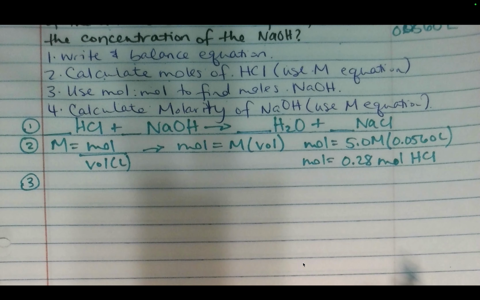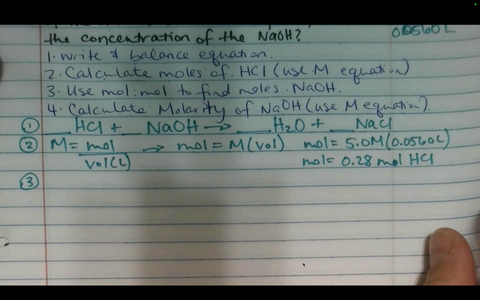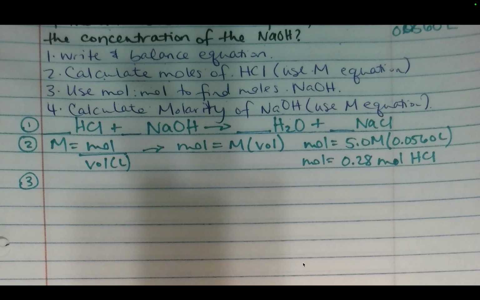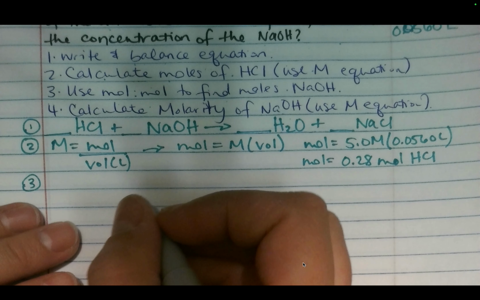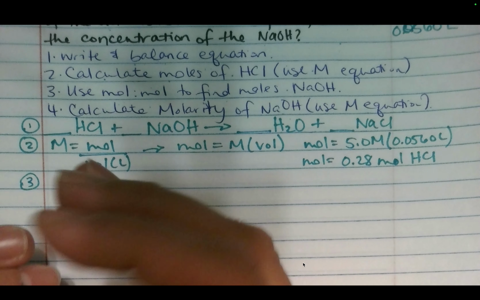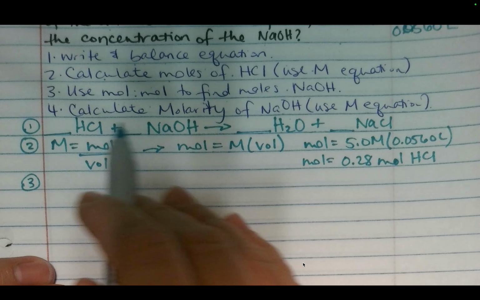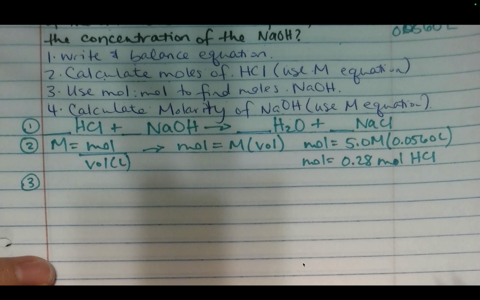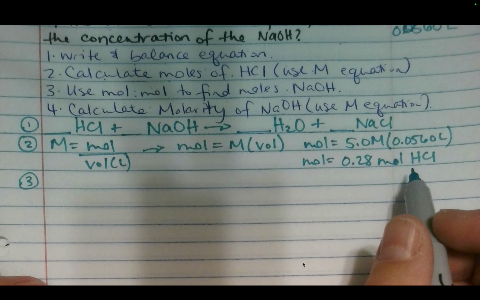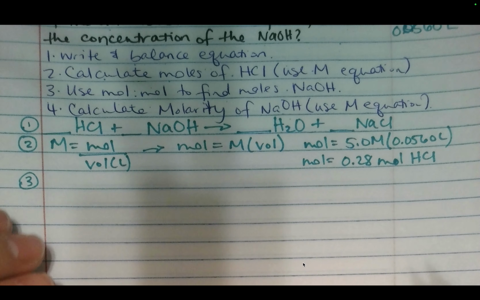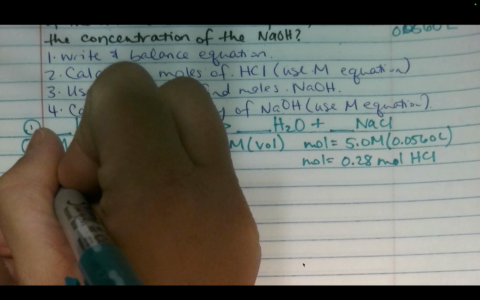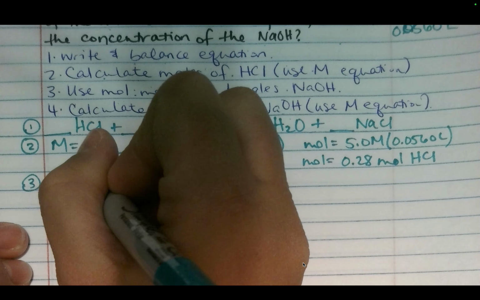Step 3. Use your mole to mole ratio to find moles of NaOH. This is stoichiometry, very straightforward. In this case, all of my coefficients are ones, so I could just say, okay, 0.28 moles of HCl would also be 0.28 moles of NaOH, but I'm going to write it out for those of you who are very visual.